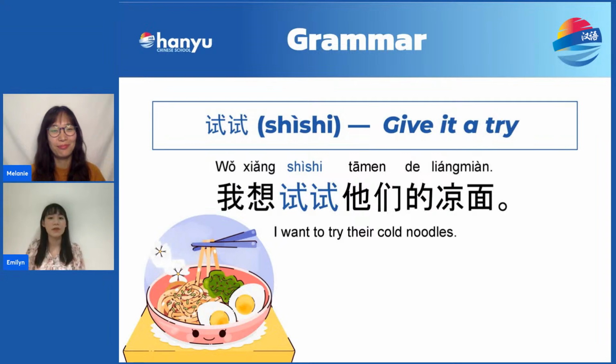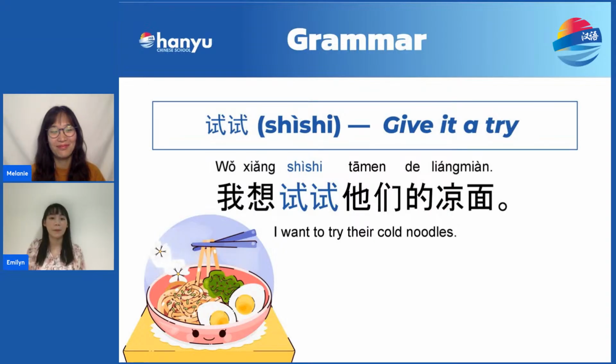Another tip for advanced learners: you can use duplication to suggest an action in a softer, less imposing way, especially helpful in service settings or when making recommendations. And in neutral tone, verb duplication also removes urgency. 你试试 is less commanding than 你试一试 or 你试一下, have a try.